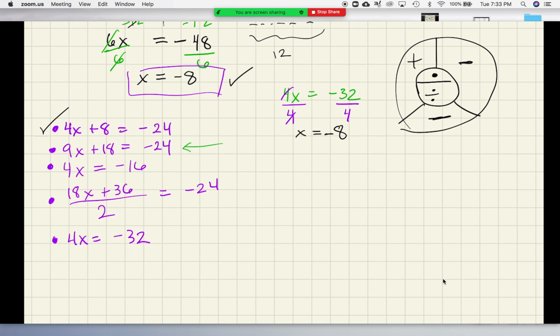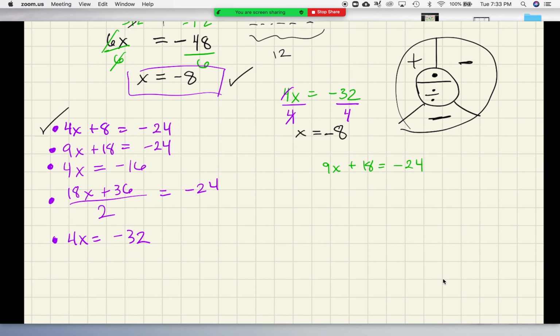So for this equation, does that one check out or no? Let me get to it right now, or write it down too. So we're going to do 4.